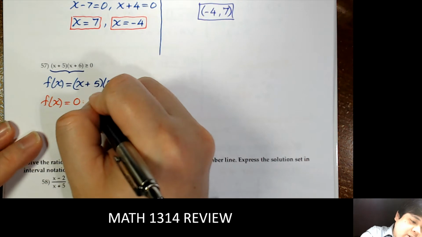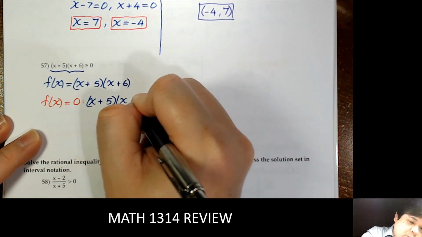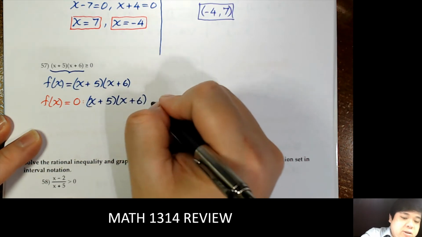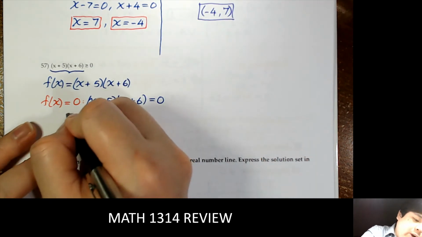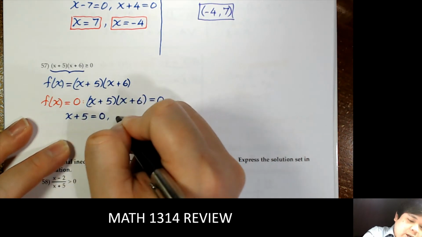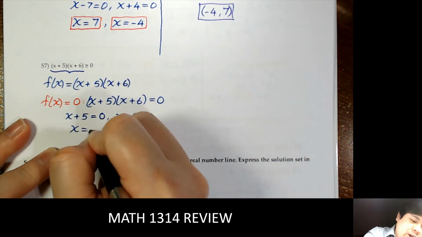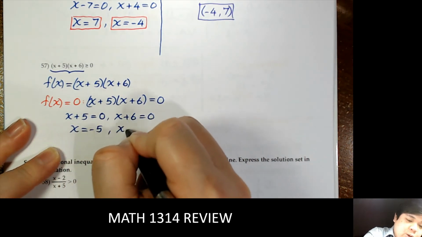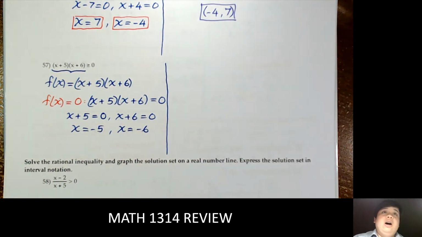So x plus 5, x plus 6 equal to 0. So we have x plus 5 equal to 0, x plus 6 equal to 0, which gives us x equal to negative 5 and x equal to negative 6. Right. Next, the sign chart.